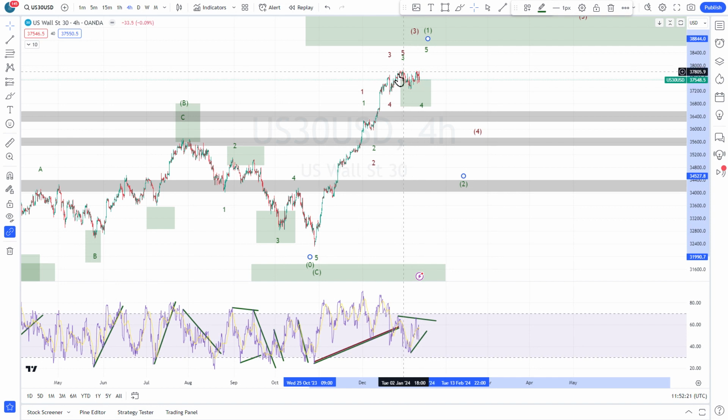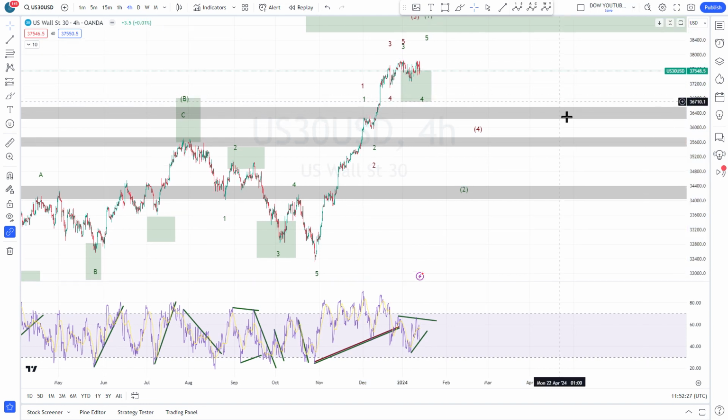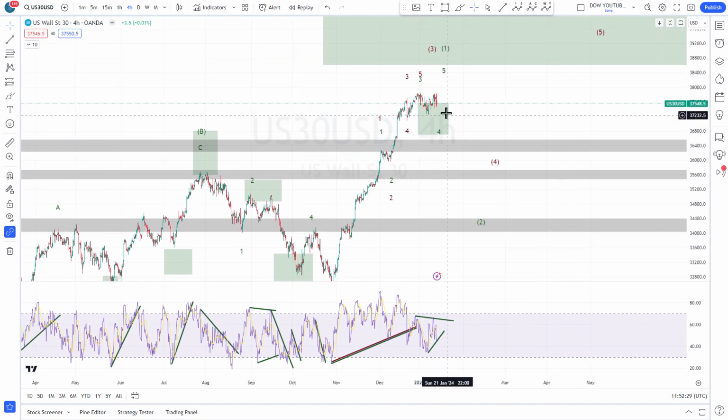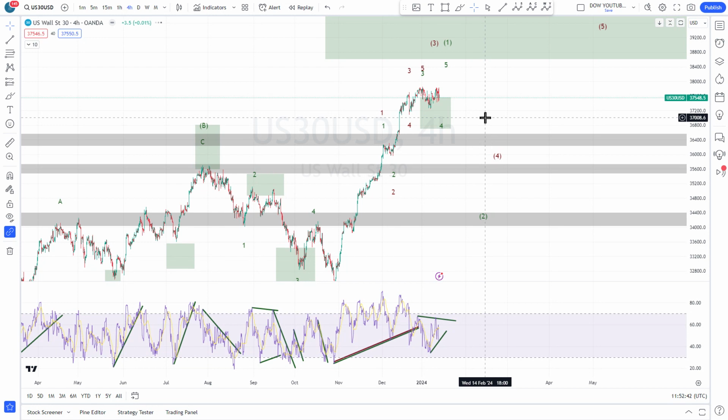This looks more corrective. So therefore, I prefer to view the structure from here as a wave 4, actually, because it's very corrective, a lot of overlap. It's hard to recognize any impulse in this structure or any leading diagonal.